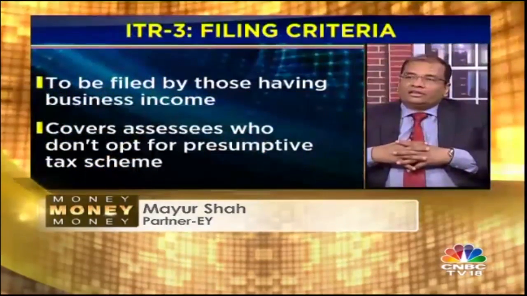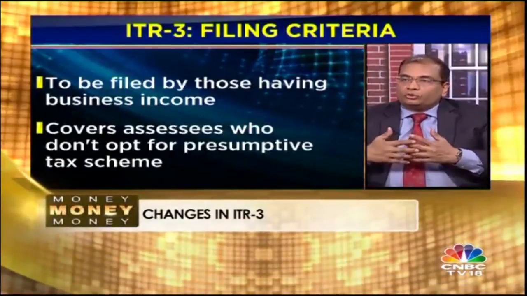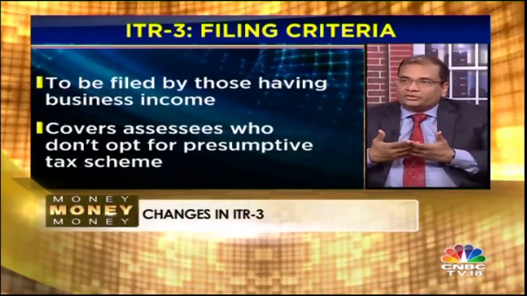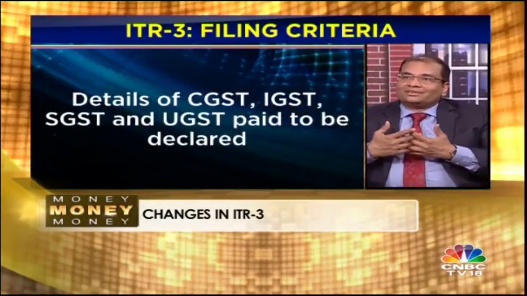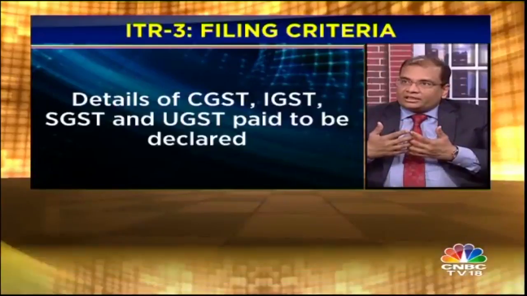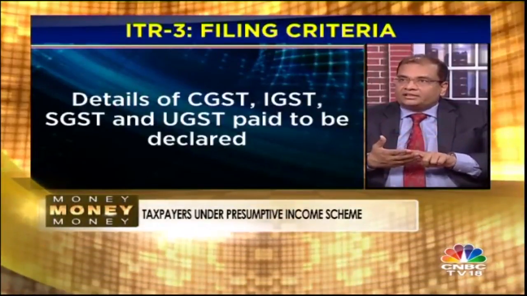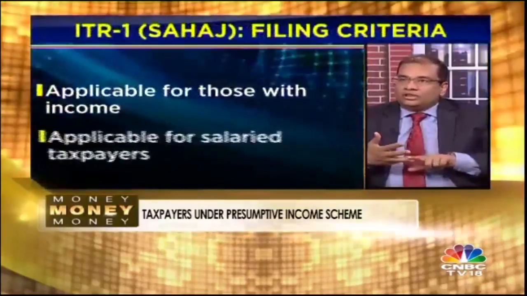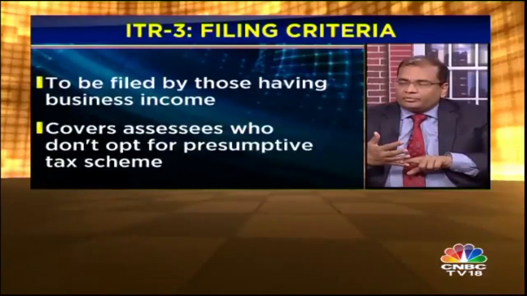Now, ITR 3 is for the persons who are not taxed under presumptive taxation or who do not want to offer presumptive taxation. That's where they have to provide details of the taxes which they have collected and deposited into the government treasury, such as sales tax, VAT, or GST, whether central GST, state GST, and other related payments.